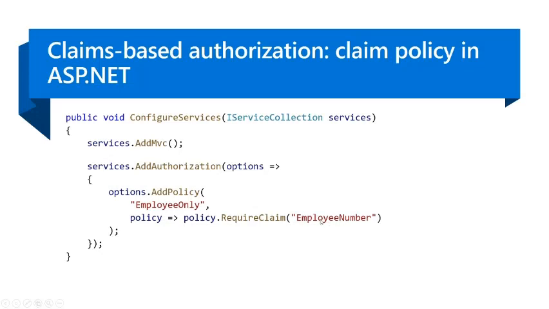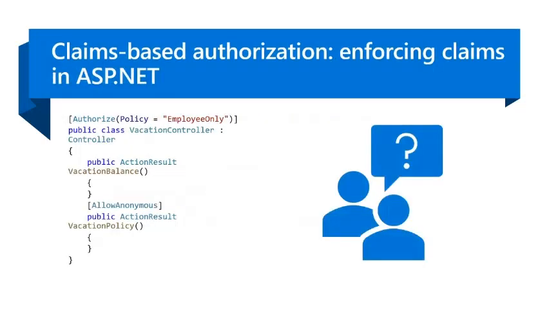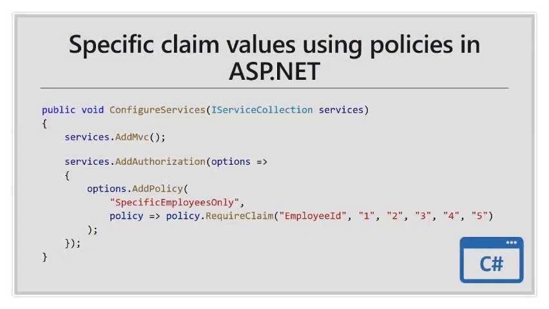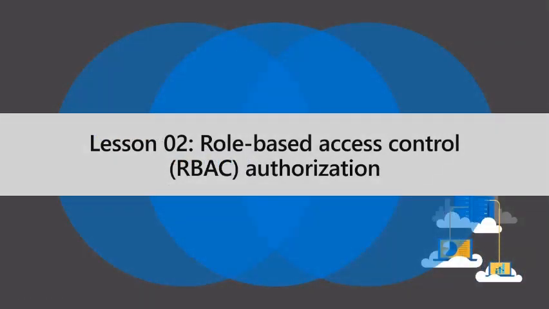So if Facebook gives us the employee number, or another identity provider gives us the employee number, then we are happy. But now we also need EmployeeId with the value of 12345 only. So this is what you saw, just an example. Only specific employee IDs can succeed.